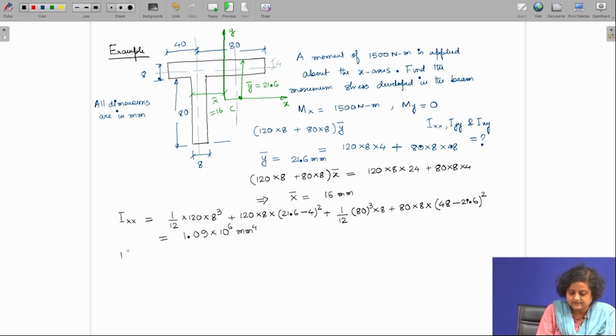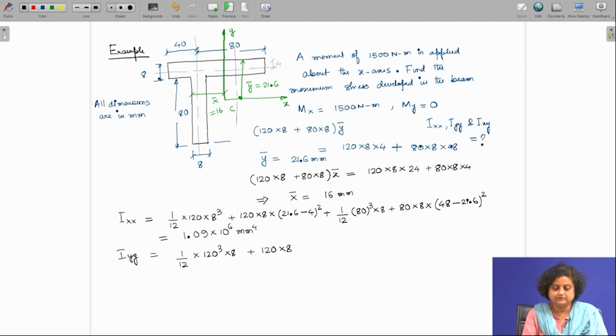Similarly, we can find out Iyy, which is going to be for the top flange 1/12 into 120 cube into 8 plus 120 into 8 into the distance of that. So, which is going to be 24 into 60 minus 60.